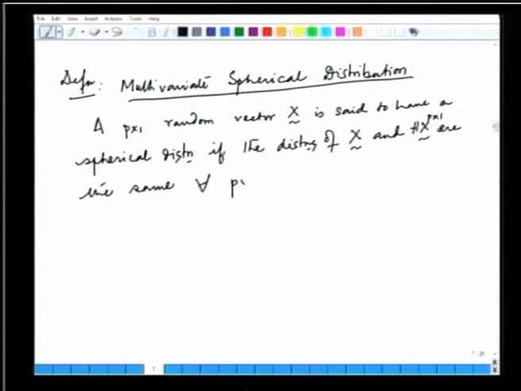So, we have this for all such orthogonal matrices H.